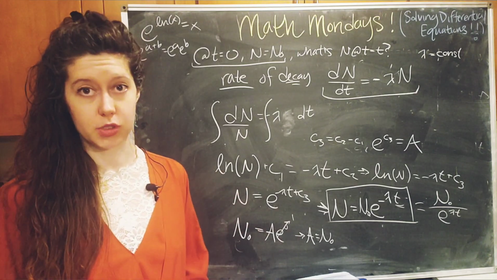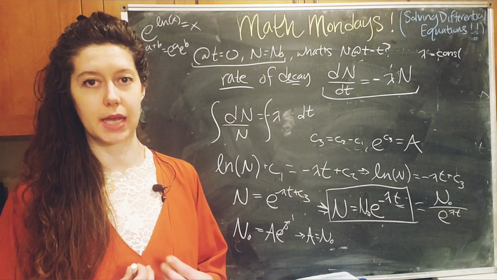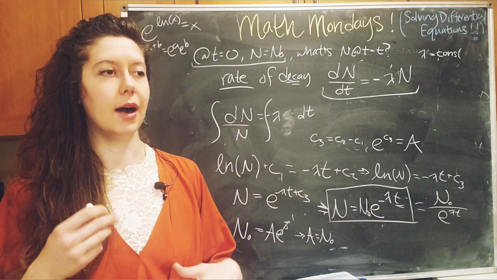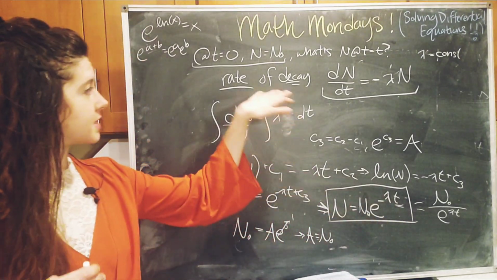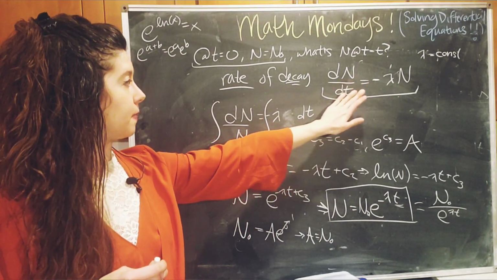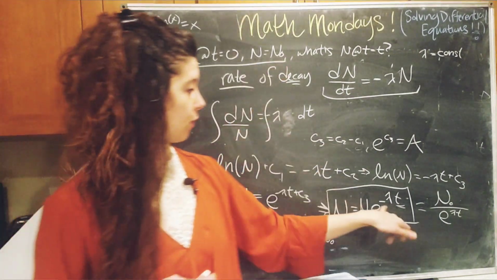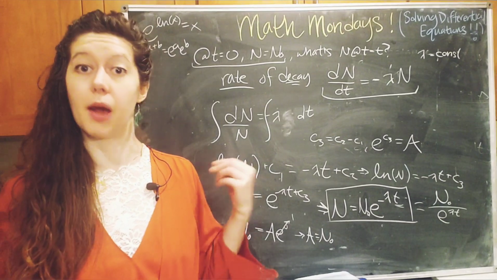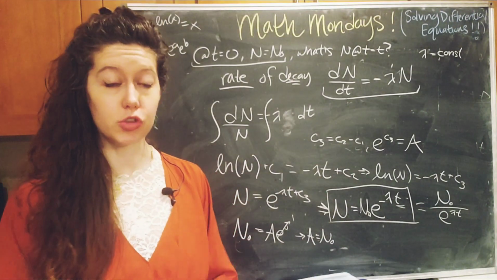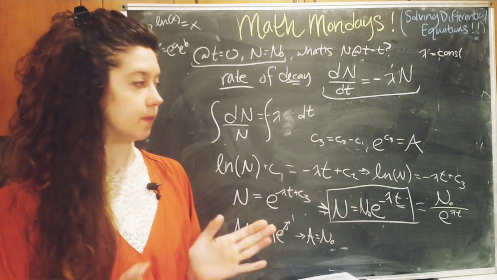You're almost always going to get a general solution, and that's going to represent a family of solutions, equations that all can satisfy this original differential equation. And if you're looking for a particular solution, that's when you need to solve for these constants that you get throughout that process. But sometimes it doesn't matter and you can leave with the general solution, and that's totally fine. It depends on what you're applying it to.